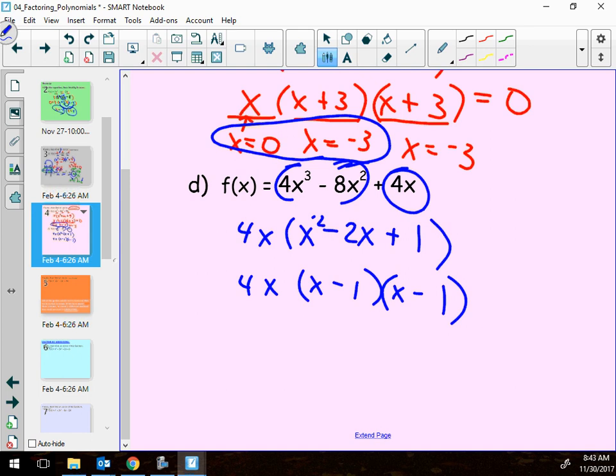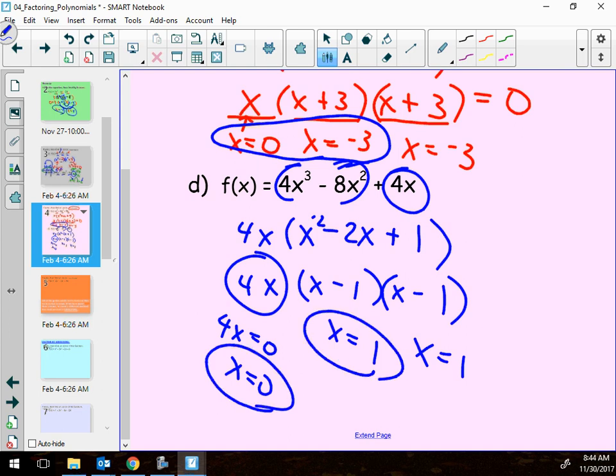Now I got kind of 3 answers, but kind of like 2 answers. This one's x equals 1. This one's x equals 1. This one, 4x equals 0, is just x equals 0 again. To make this part equal 0, just set it equal to 0 and solve it. 3 answers, but it's kind of like 2 answers and one's a double.